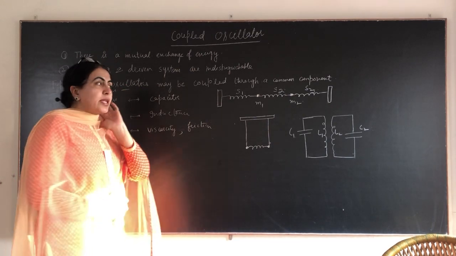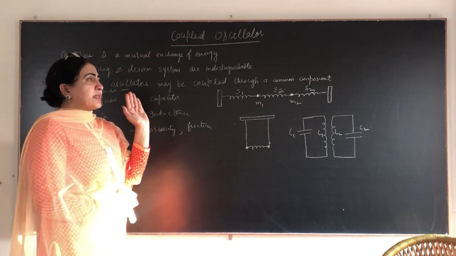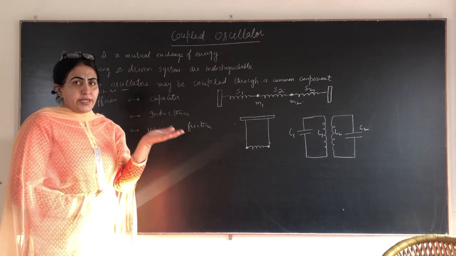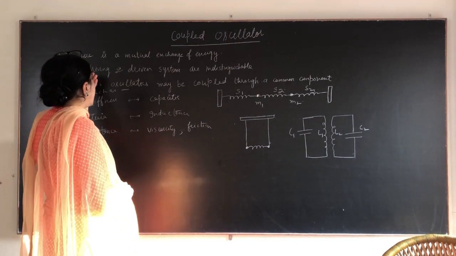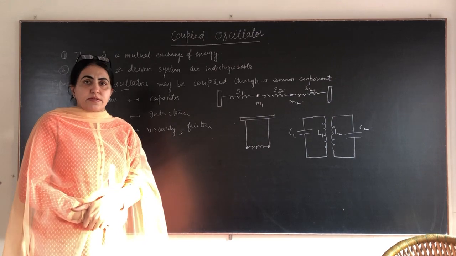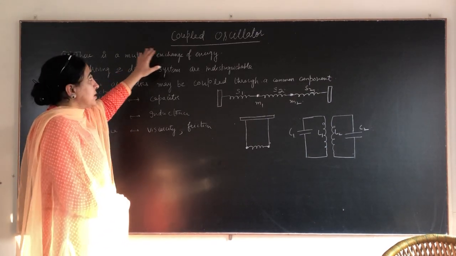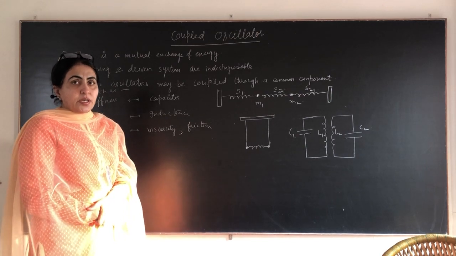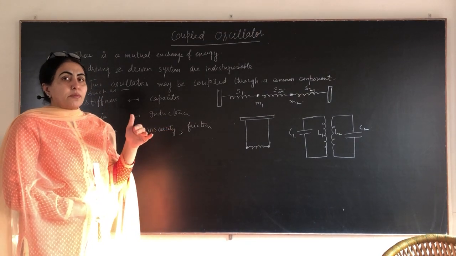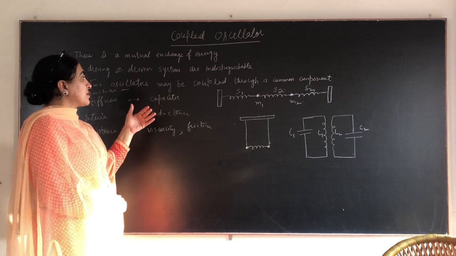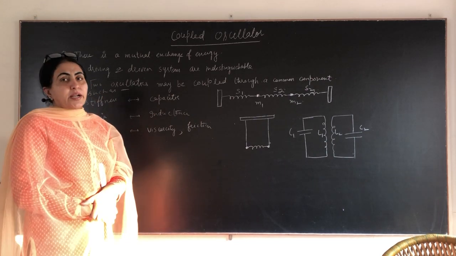Clear? Then you can say there is a continuous supply of energy between the driven system and the driving system. Clear? So these are the main characteristics of this coupled oscillator. In other types of oscillators, we know which is a driven system and which is a driving system.